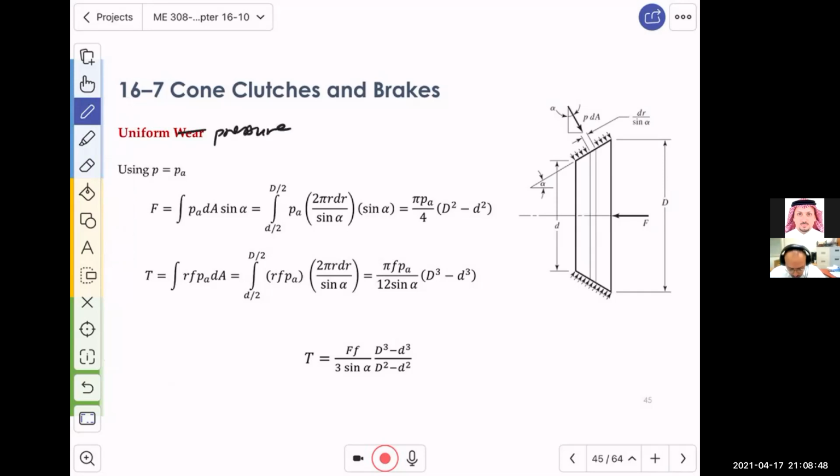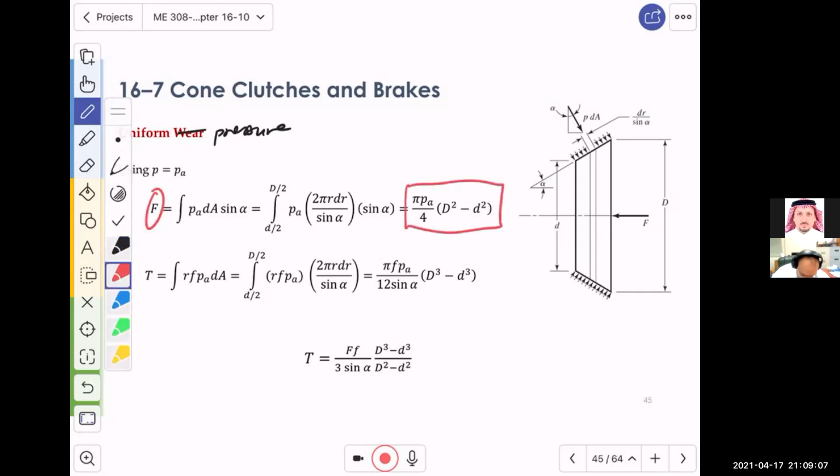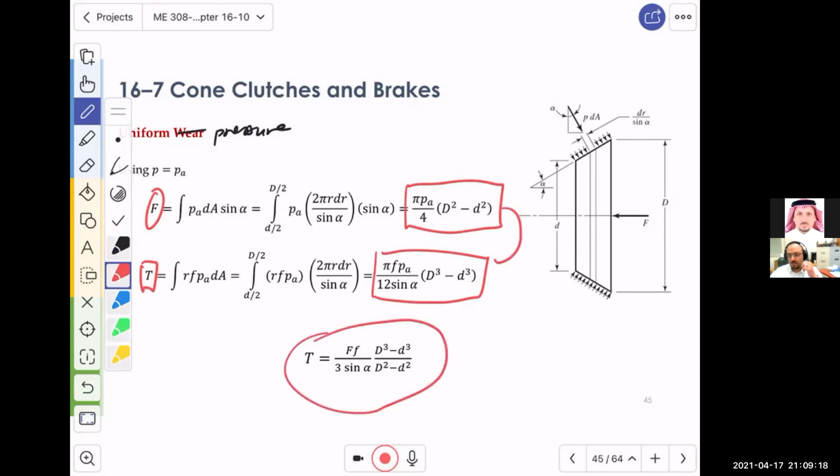If this is a uniform pressure, then we are going to take the pressure as P maximum, which is PA. The expression for the force is going to be this, and for the torque, it's going to be this. Once again, this is for uniform pressure. Once again, if you combine these two, you will get this equation.